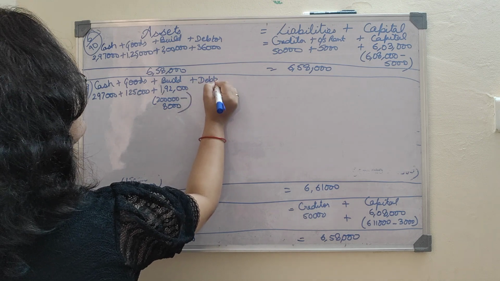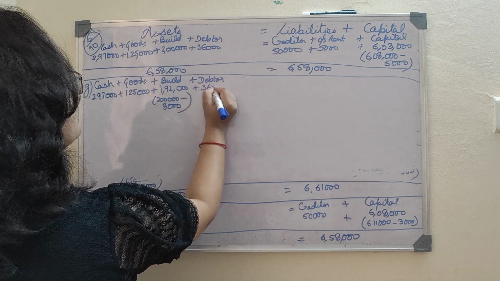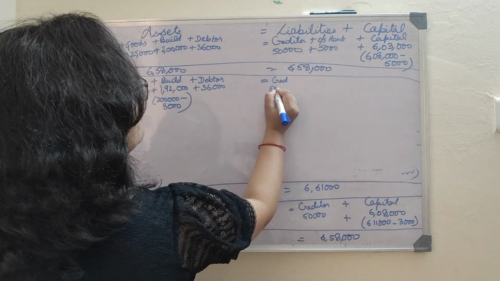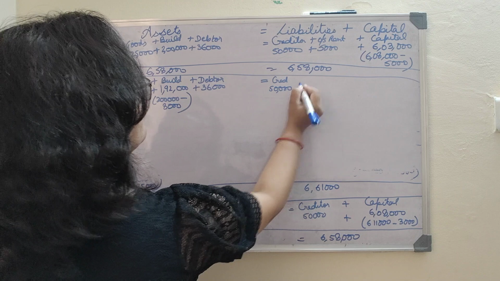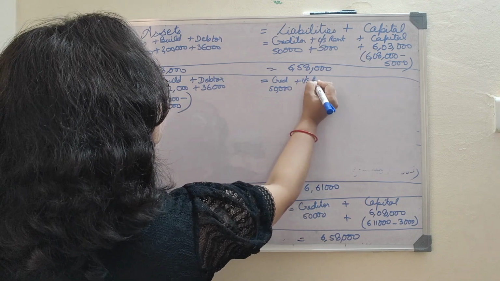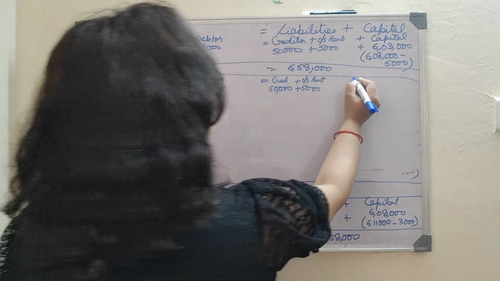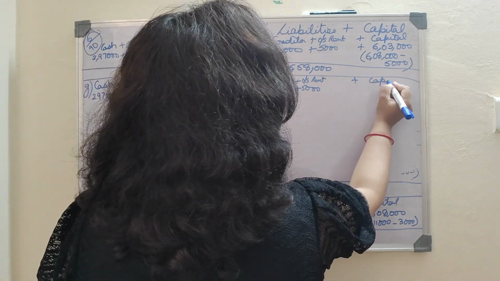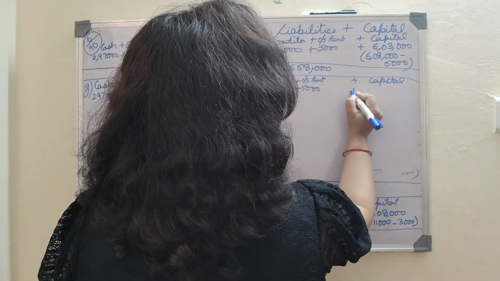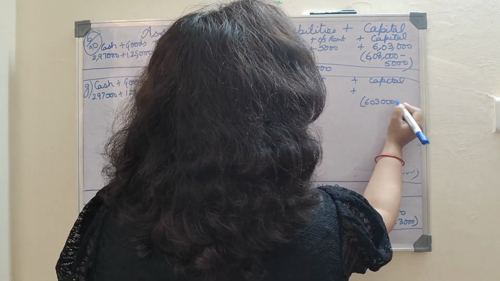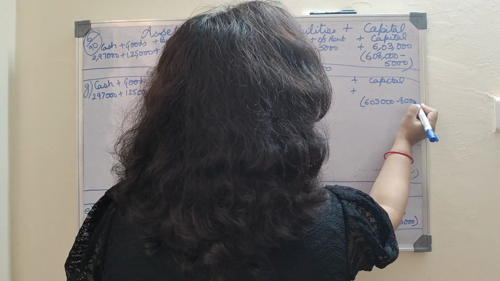Debtor is not touched. Creditor remains the same. Outstanding rent remains the same. Now from capital we are going to deduct 8,000.